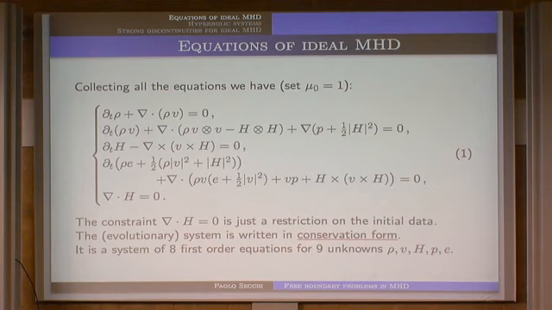And we see that it is a system of 8 first-order equations with 9 unknowns. 8 because we have 2 scalar equations for ρ and E, the internal energy, and 3 vector equations, 3 plus 3 for V and H. So we have 8 first-order equations, but we have 9 unknowns, because the unknowns are scalar unknowns, ρ, P, and E, and vector unknowns, V and H, so 3 plus 3 and plus 3, 9. So the system is not closed.